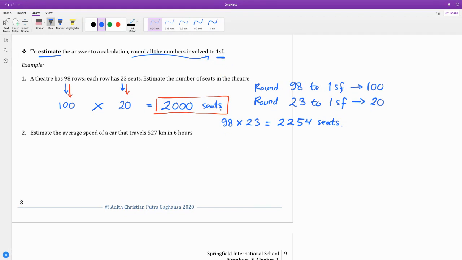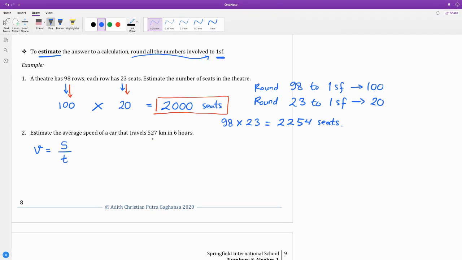Let's go to the next example, number 2. Estimate the average speed of a car that travels 527 kilometers in 6 hours. Finding speed. Speed, I will label it as S, equals distance divided by time.